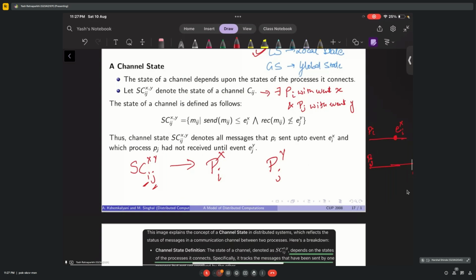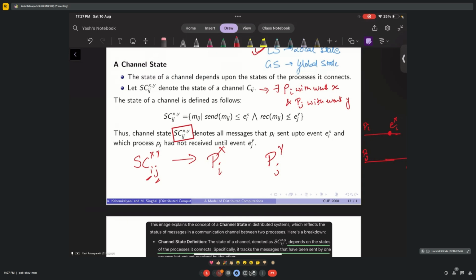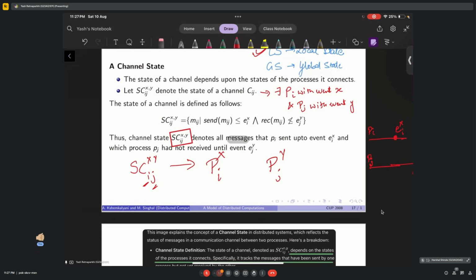Is it clear? What does this SC_ij^xy mean? Are you able to understand this, or should I say it again? Guys, did you fall asleep? Okay, it is clear. Cool. This is what is said.